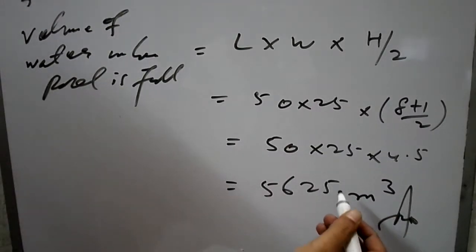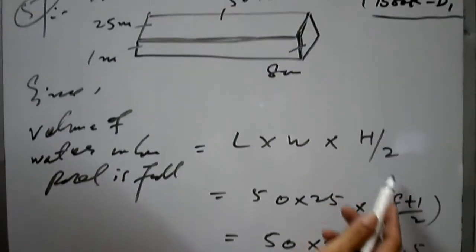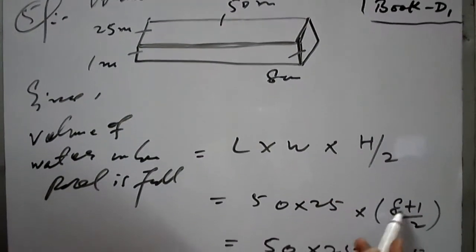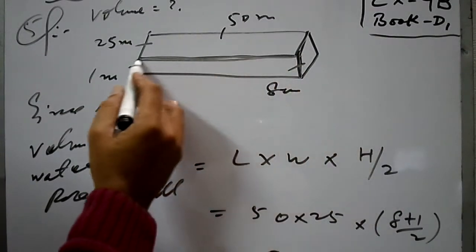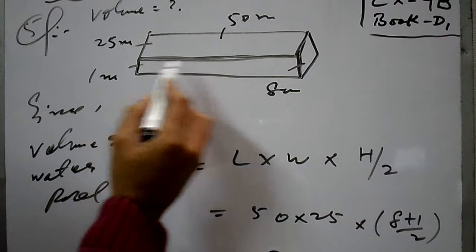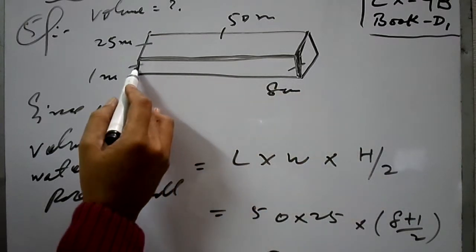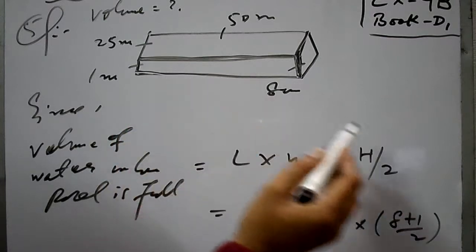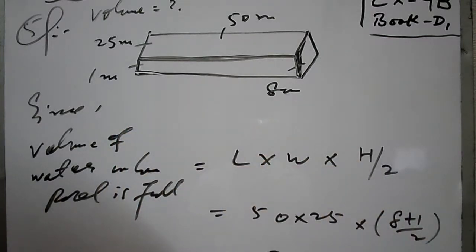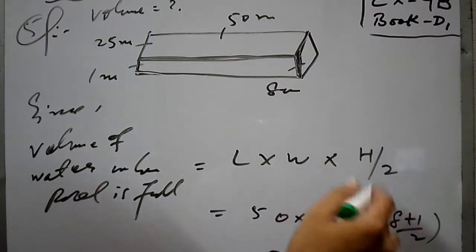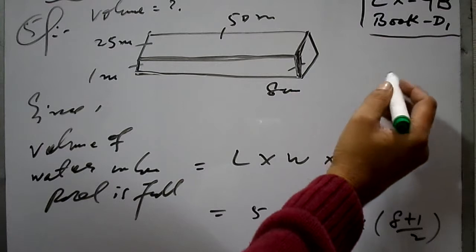But one thing which is very confusing to us is why we used height 8 plus 1 by 2. Because along the length, you see, the height is not uniform. Here height is less, but here height is greater. So due to non-uniformity, we have to take the mean of it. You will get the mean height, so it will be the exact result.